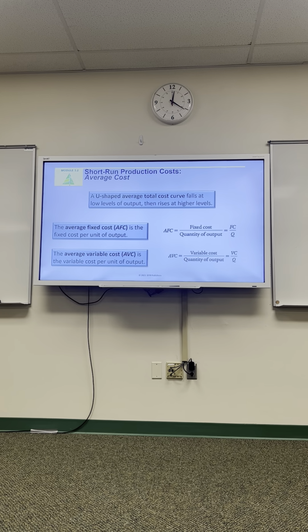Okay. And then what brings this back up again is the average variable cost curve. Okay? And this is when we take our variable costs, mostly labor, okay, and we average it given the quantity of output. Okay, so that's another cost curve.